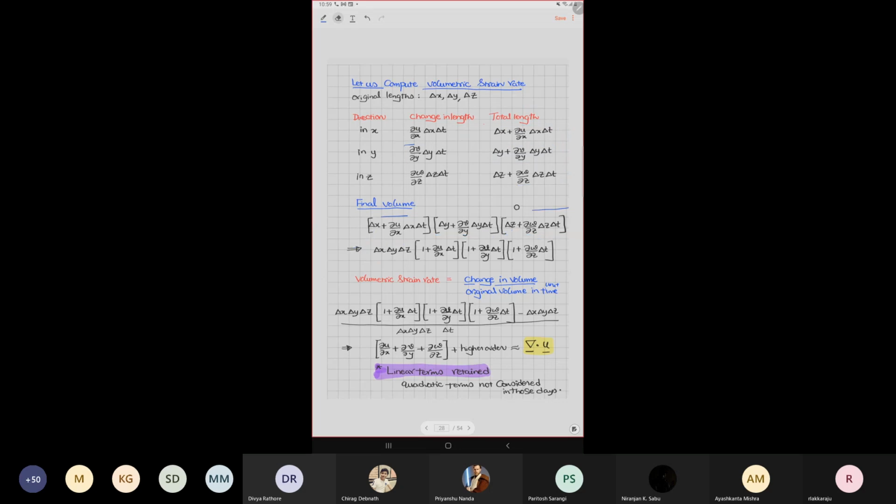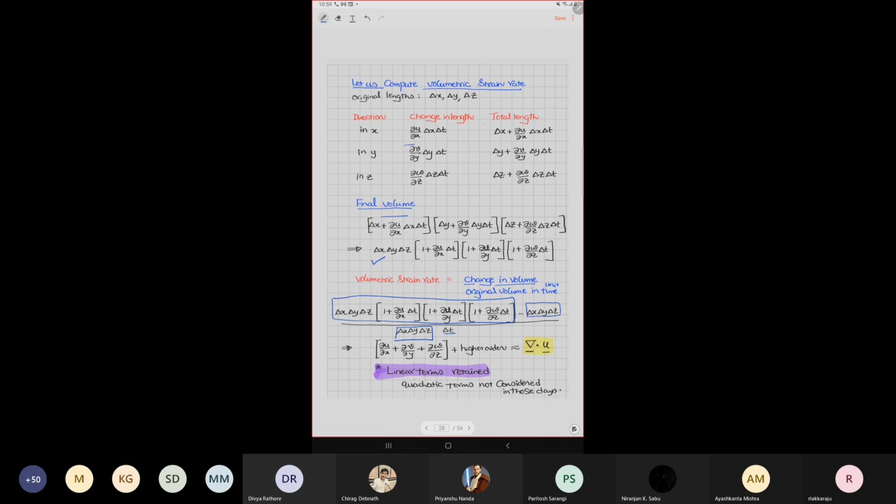So already we know the total volume. Change in volume means subtracting delta X, delta Y, delta Z from the total volume, divided by the original volume, multiplied by time delta T, per unit time.